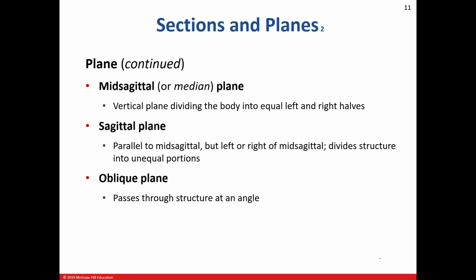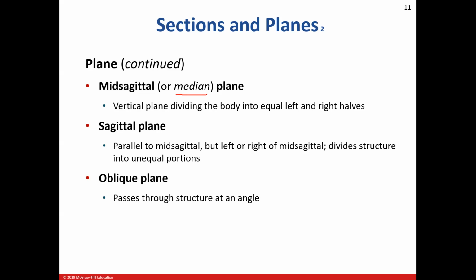Again, I'll show you a picture here in a moment. And then our last plane is the midsagittal plane, also known as the median. If you've done statistics, a median value is the exact midline of a range of numbers.